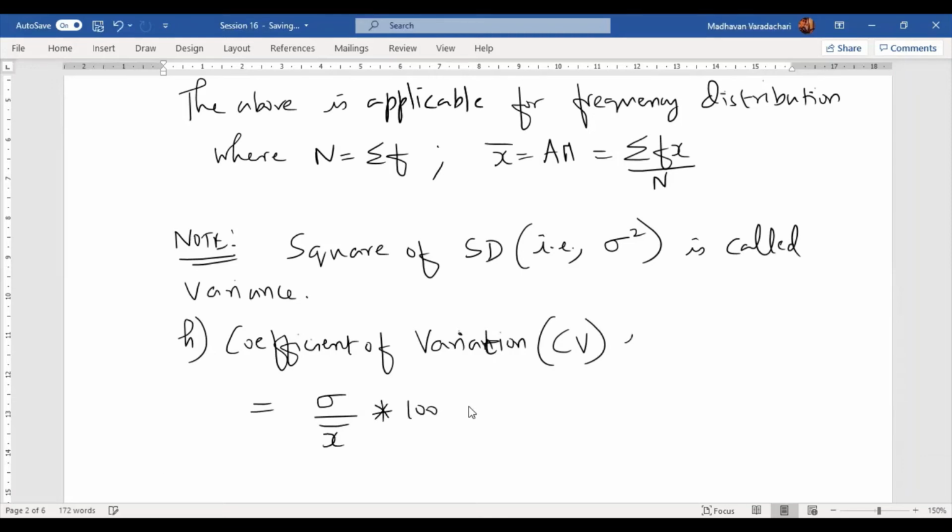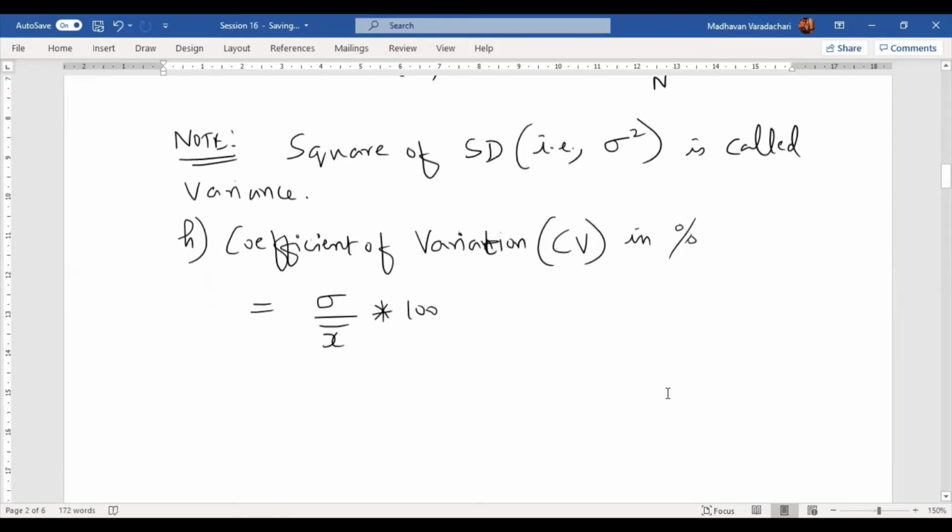So this is in percentage. Generally, coefficient of variation is calculated in terms of percentage. This is a very useful relative measure, especially to see which series of data is more consistent or which series of data is more variant.